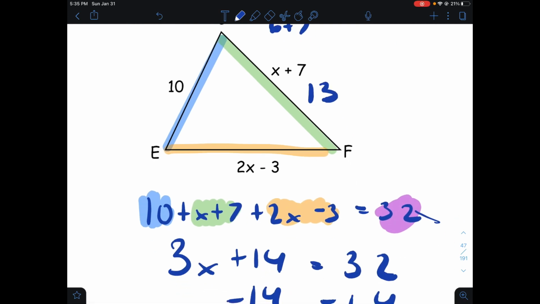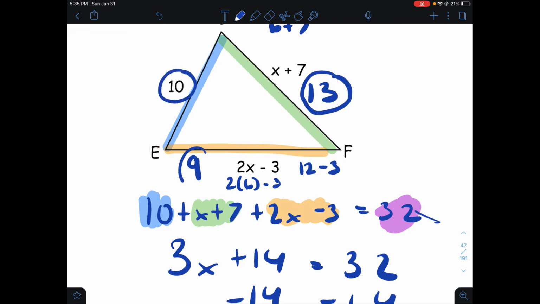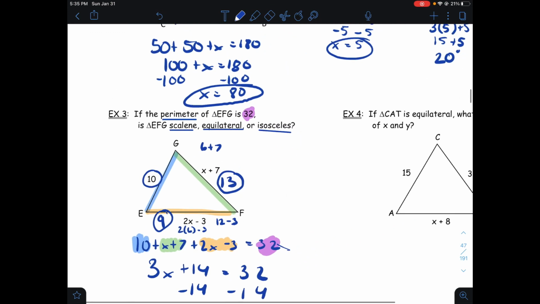And if we plug in a 6 for x here, 2 times 6 minus 3 is going to give us 12 minus 3, which is 9. So this means that our 3 side lengths are 3, 10, and 9. So if our 3 side lengths are 3, 10, and 9, do we have a scalene, equilateral, or isosceles? So we have a scalene triangle here.